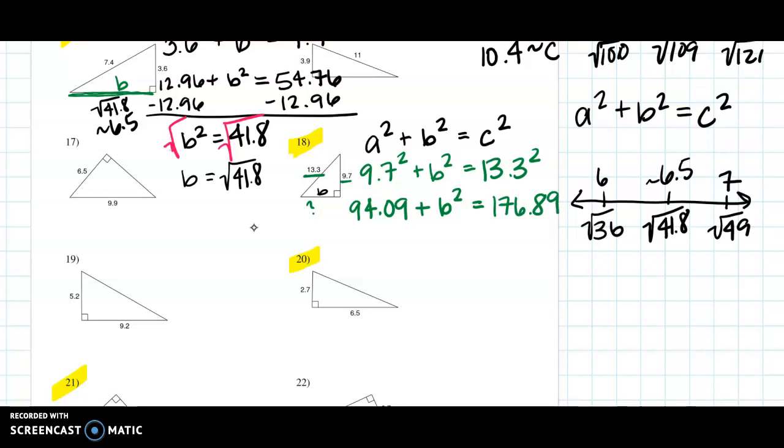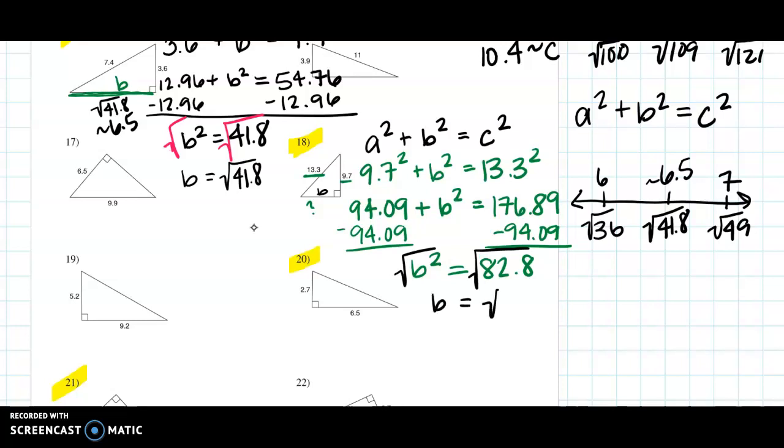Using what we know about one-step equations, we know we can subtract 94.09 from both sides. And that'll tell us b squared is equal to 82.8. To find out what b is, we need to take the square root of both sides. So b equals the square root of 82.8.